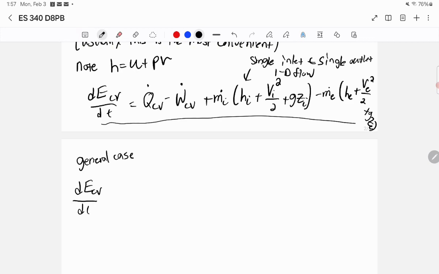dE/dt is equal to Q dot CV minus W dot CV. Note that these terms could also actually be sums of other terms, because you might have multiple things doing work, but we don't commonly run into those kinds of problems, just occasionally. I forgot my m_i.